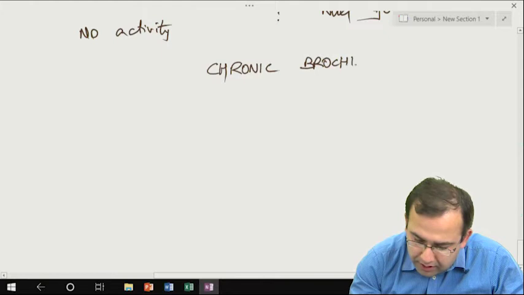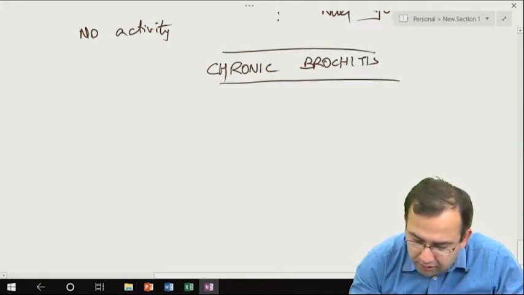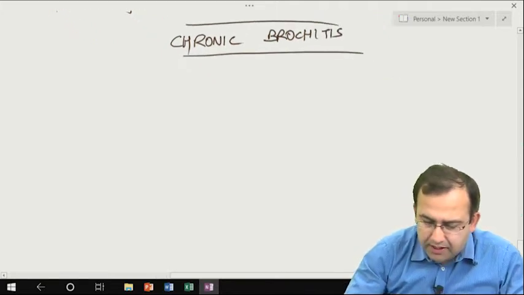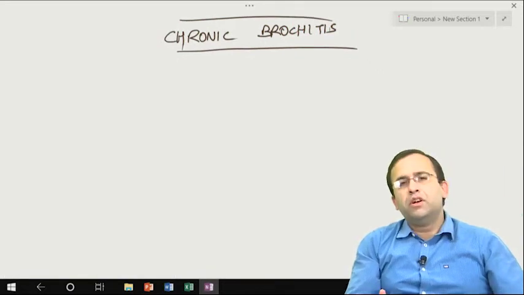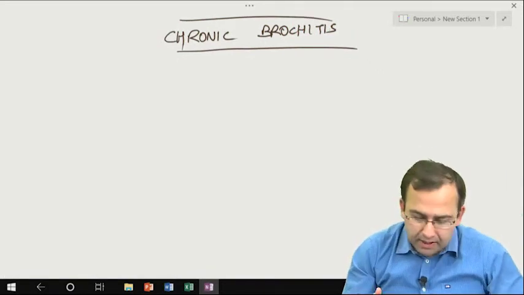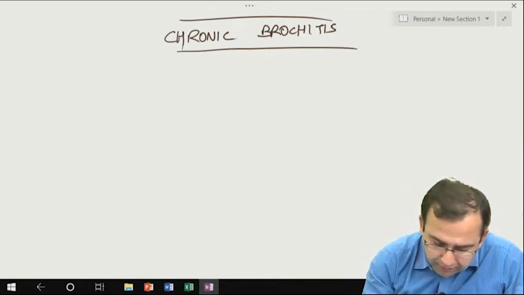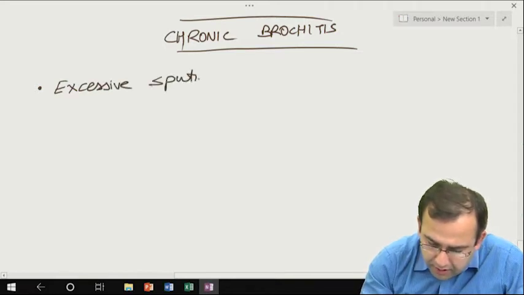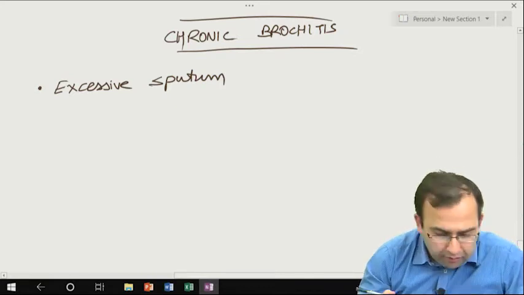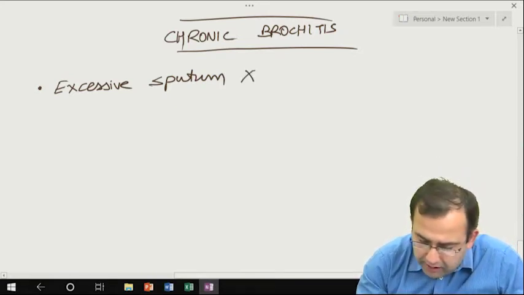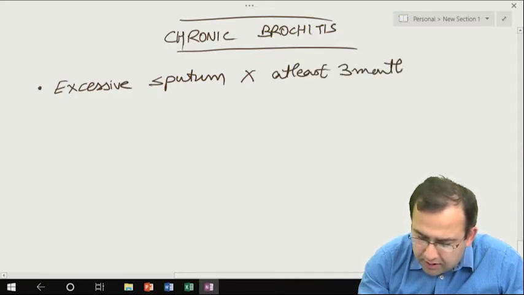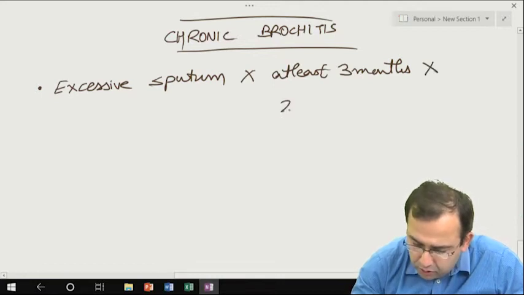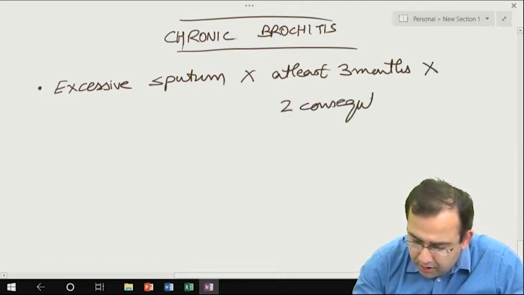Chronic bronchitis. Just one word with this. When I say chronic bronchitis, what comes to your mind? Excessive sputum production. Excessive sputum for at least 3 months for 2 consecutive years.